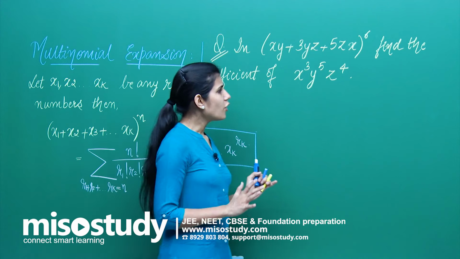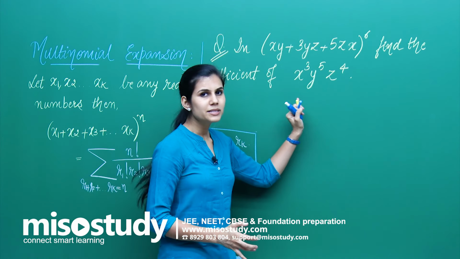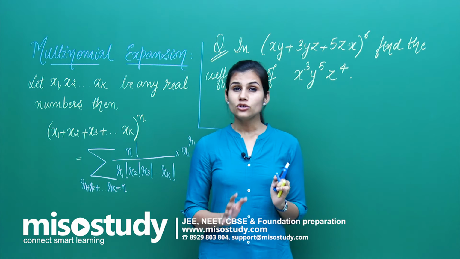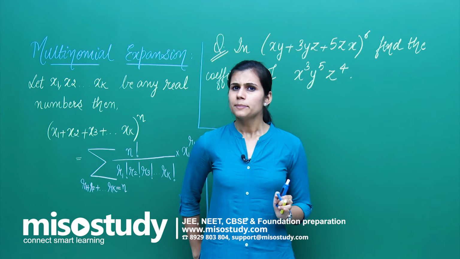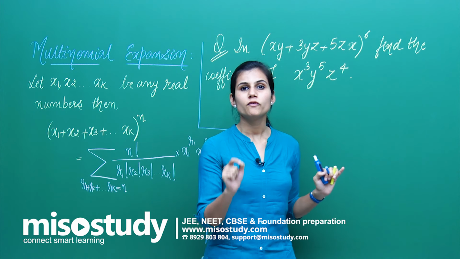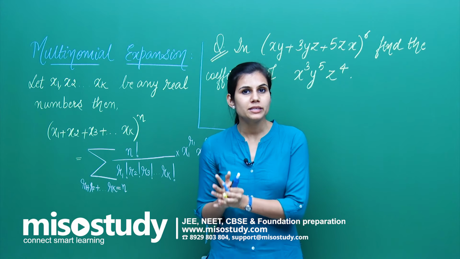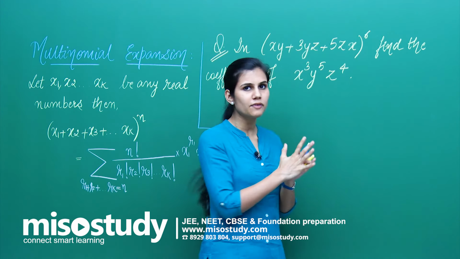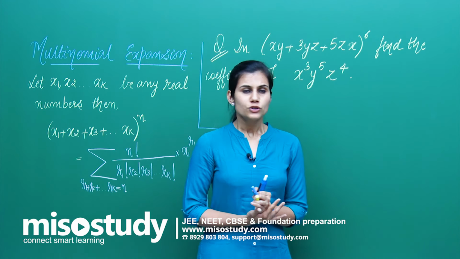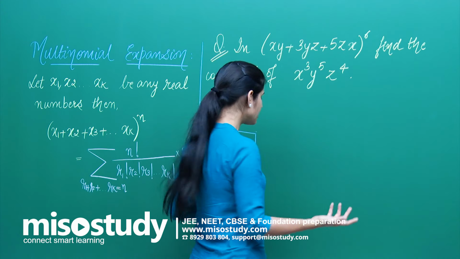See, in the process of obtaining the coefficient only, we get a guarantee whether this term is actually occurring in this expansion or not, because if this is not occurring in this expansion, in that case the coefficient will be 0. Right now the statement is not signifying anything about this occurring in the expansion or not. So in the process of finding the coefficient only, it will be clear to us. So let's begin with that.